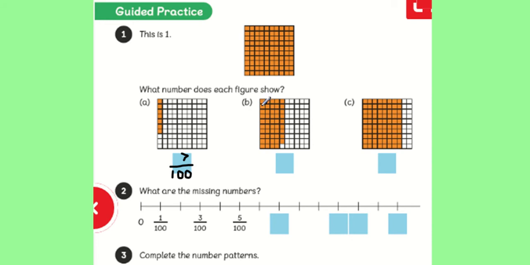I know I've got 1 whole block of 10 shaded in here. So 10, 20, 30, 40, and it's not quite 50 because there's only 9 shaded in here, so it must be 49. So 49 out of 100 is 49 hundredths.